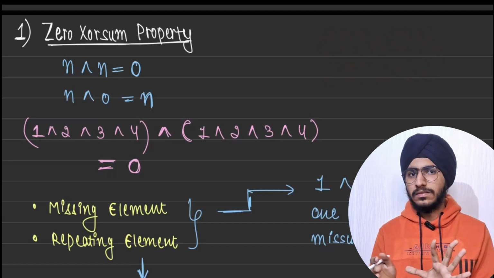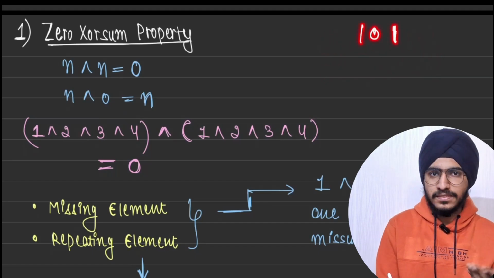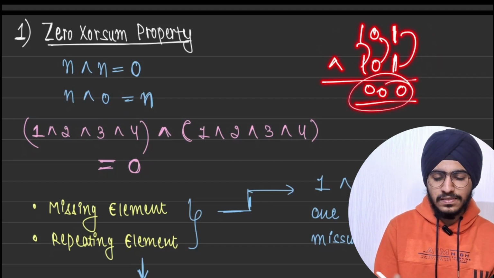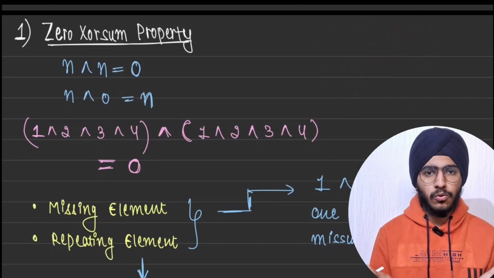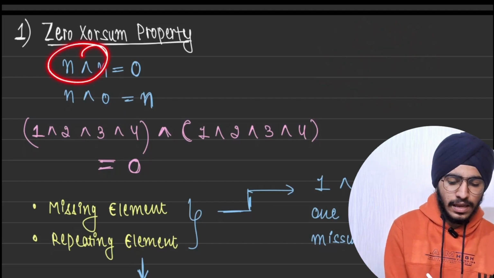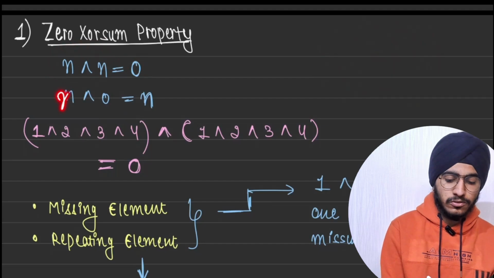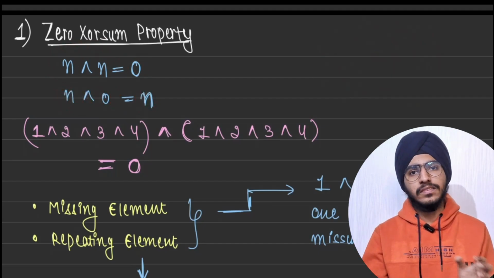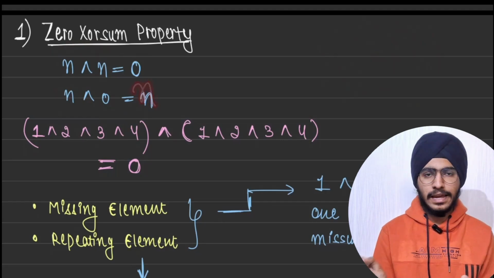So if I have 2 numbers in binary form, 101, and I XOR them, we will get 0 obviously. Why? Because both bits are always the same. So from this I can say n XOR n is 0, and also n XOR 0 is n, because anything that I XOR with 0, we will always get n only.